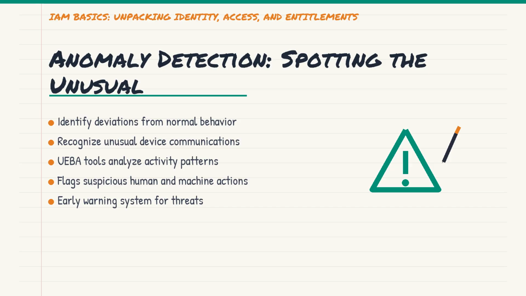Security tools called User and Entity Behavior Analytics (UBA) specialize in this. They constantly analyze activity patterns across all identities, human and machine, to spot suspicious deviations from the norm. This is how you catch things before they become full-blown disasters.